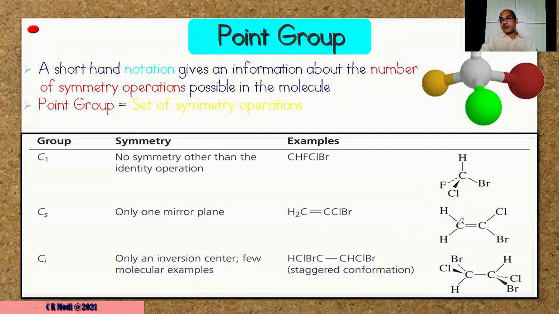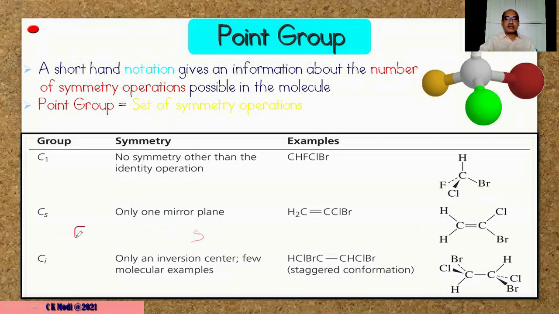The rest of the symmetry operations are absent. Only sigma and identity E are present. So in this molecule, there are two symmetry elements present: identity E and sigma. Therefore, the point group of this molecule is E plus sigma, that is called Cs.